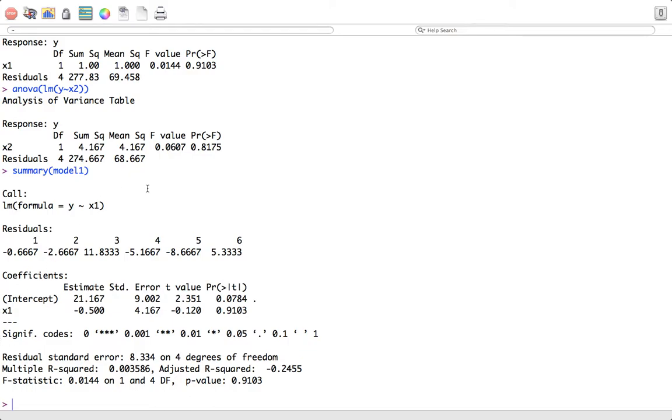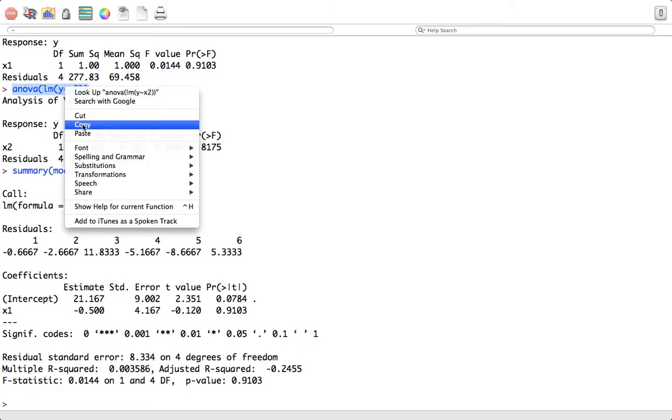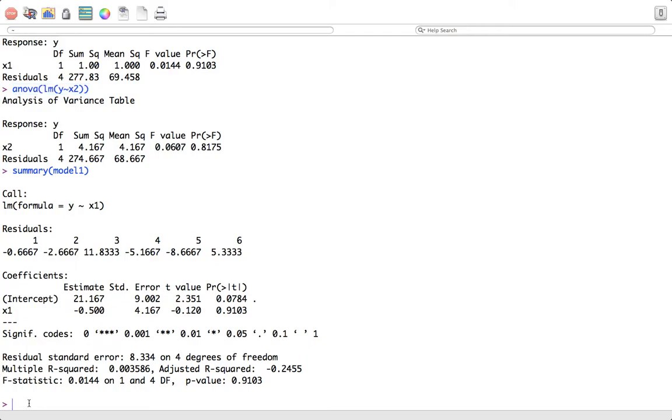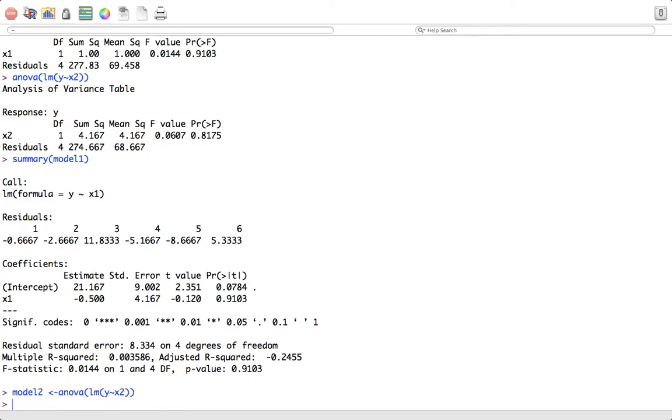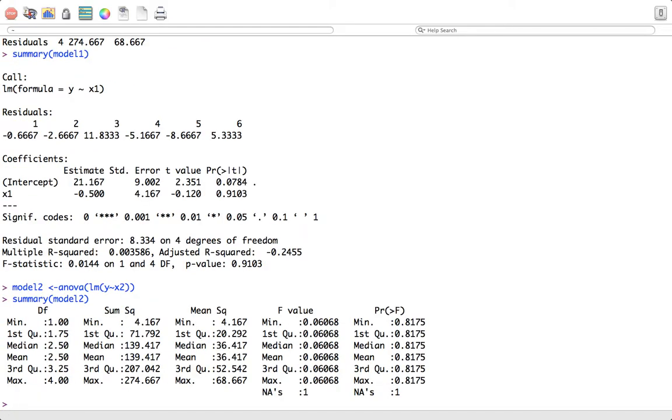Now, kind of messed things up here, but it's going to be copy, paste. Let's call this model 2. And we do a summary of model 2, and we'll get our coefficients.